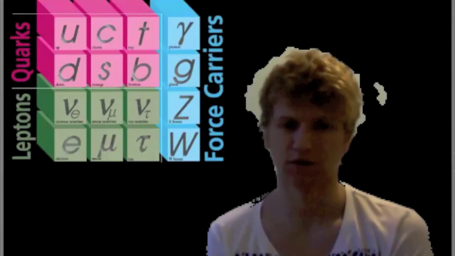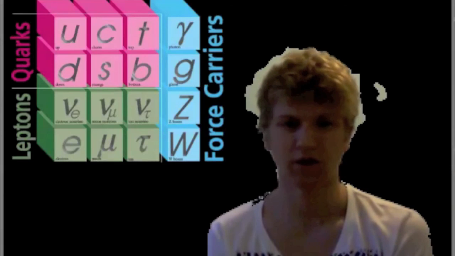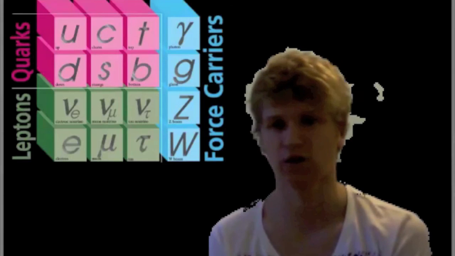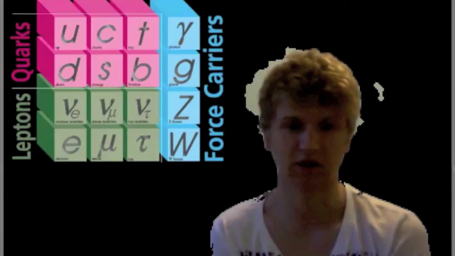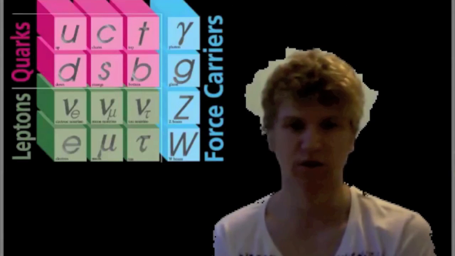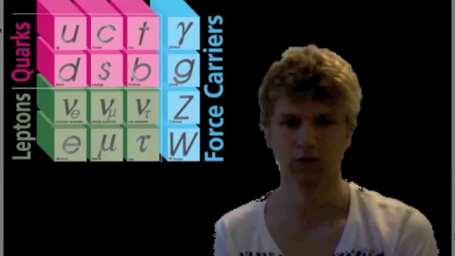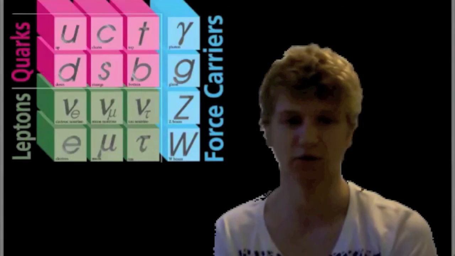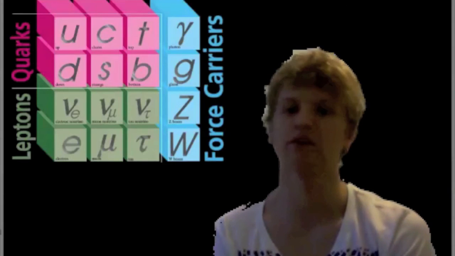W and Z bosons are responsible for altering the charge and spin of particles in interactions, and indeed the W boson can also change the generation, such as changing an up quark to a charm, and because they change the charge and the spin, they also can change particles from being called quarks or leptons to antiquarks or antileptons. The W and Z particles are relatively massive compared to any other particle on the Standard Model, larger indeed than an atom of iron, which has of course a relative atomic mass of 56.